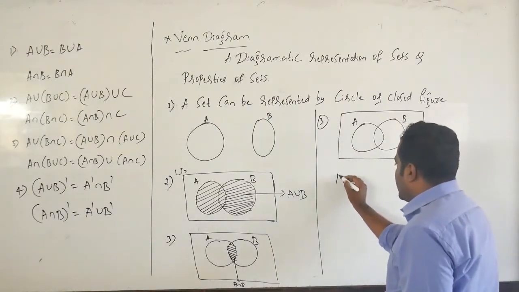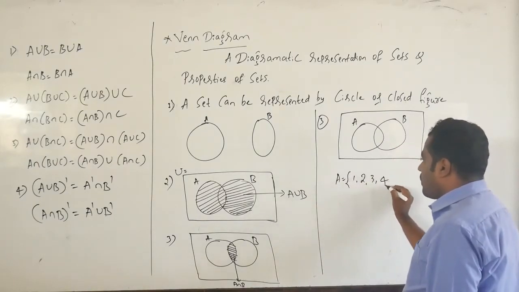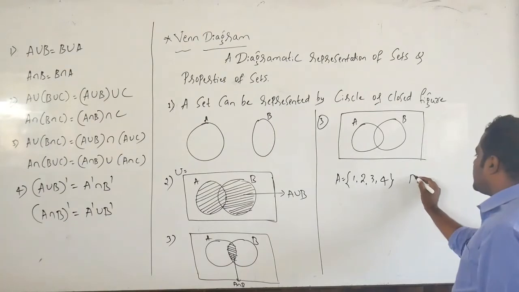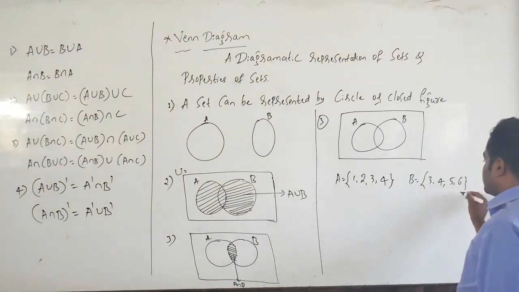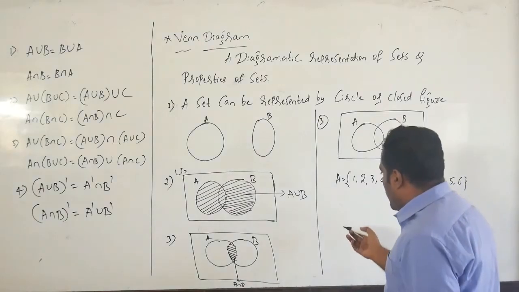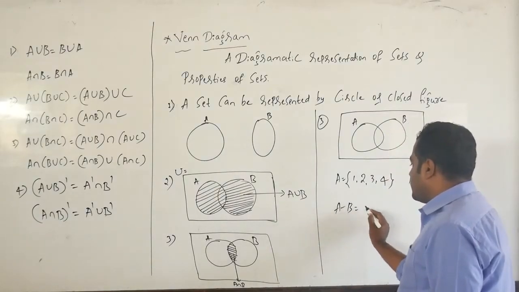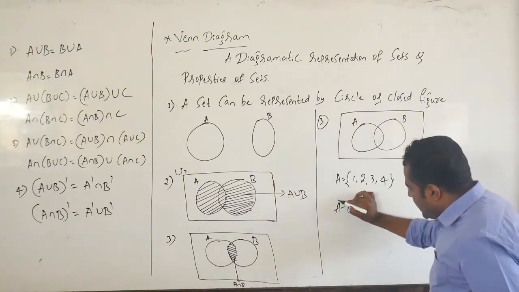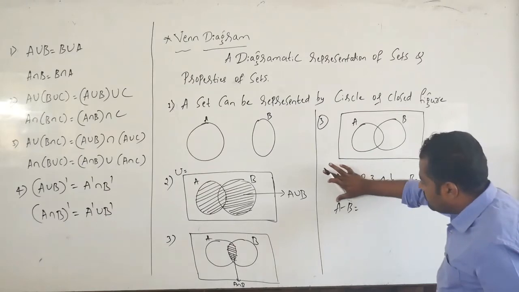Consider A is equal to 1, 2, 3, 4, and B is equal to 3, 4, 5, 6, whatever. Here we have to find A minus B. Consider A but not B. That is A minus B.